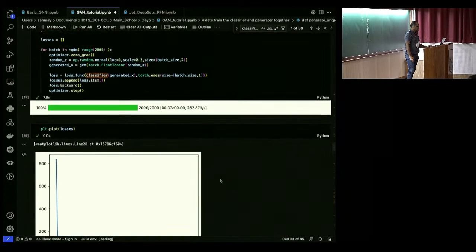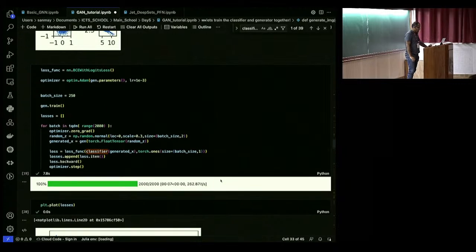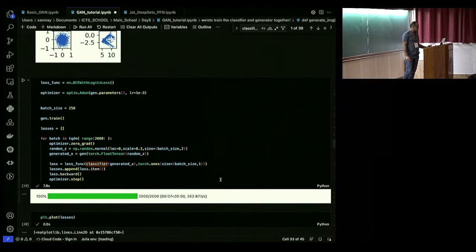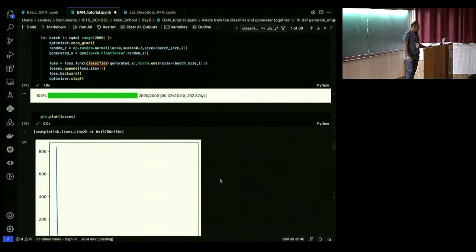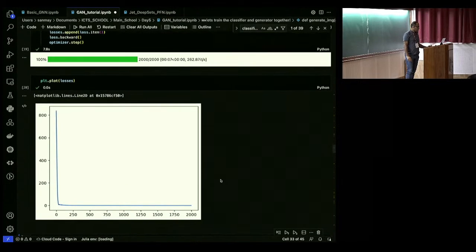Now you can see we made some training of the part where we have trained. Since this is a toy data, it was pretty fast to train on the computer.